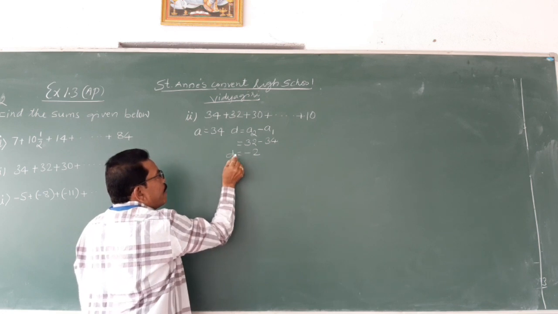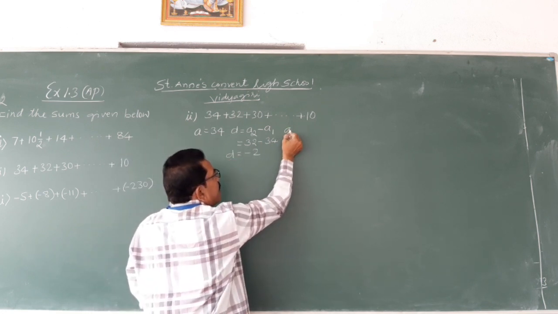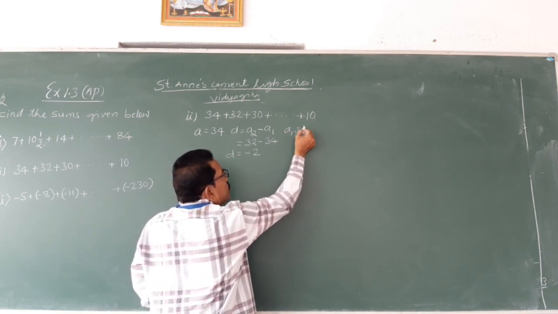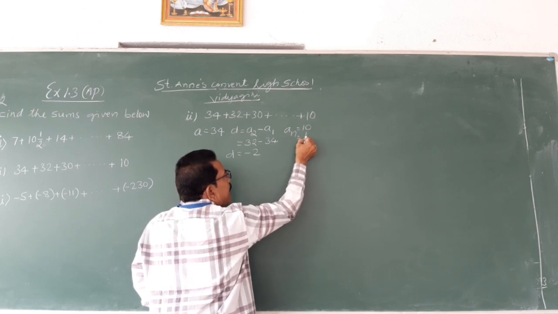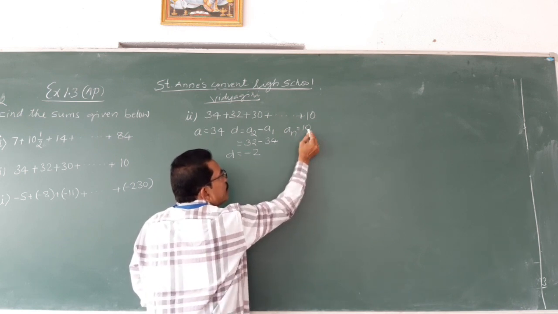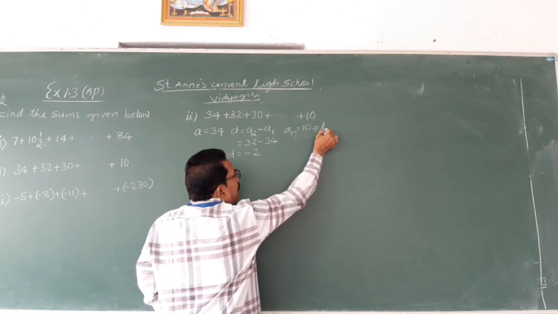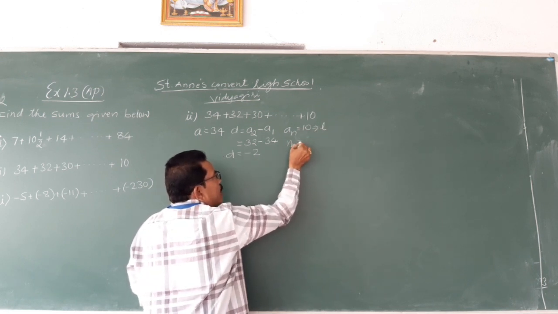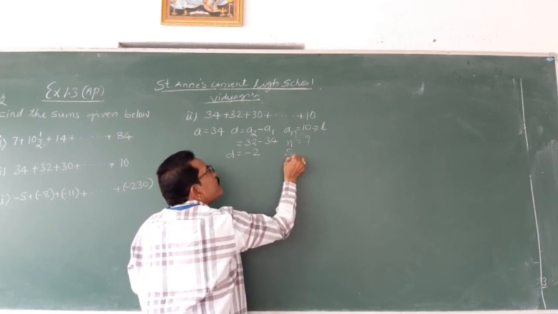That is d. Here an is given, an equals 10. We may call this l, the last term. n you have to find, Sn we have to find.